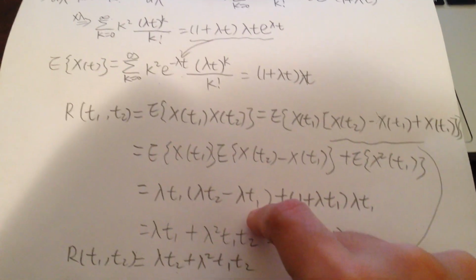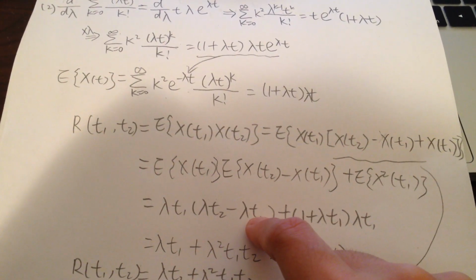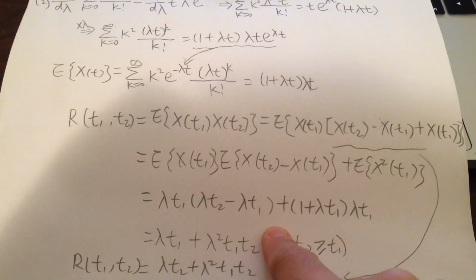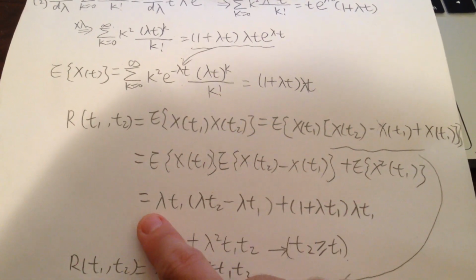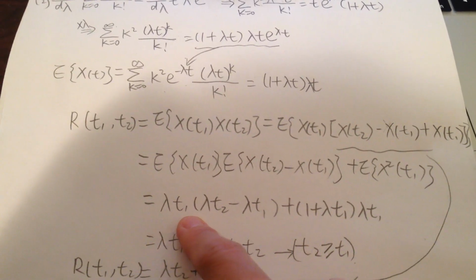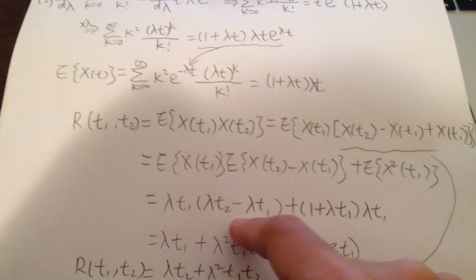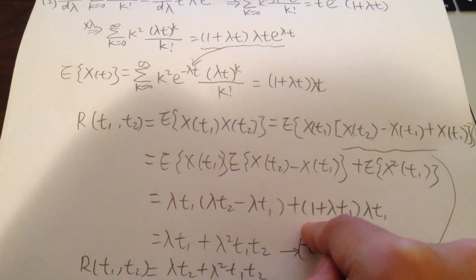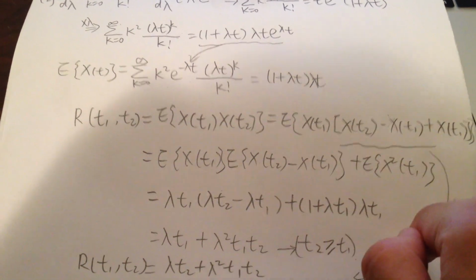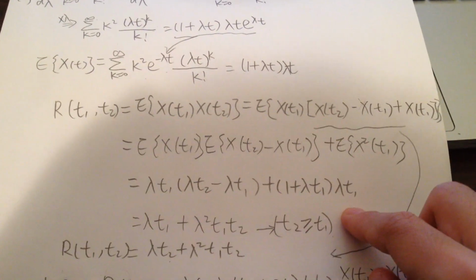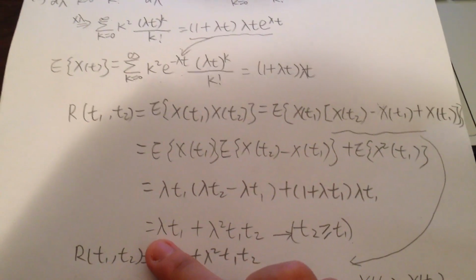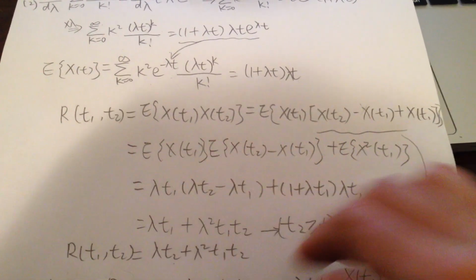Because those are independent, this equals the expectation of X(t1) times (X(t2) minus X(t1)) plus the expectation of X(t1) squared. If we plug in what we have solved, we get lambda t1 times (lambda t2 minus lambda t1) plus (1 plus lambda t1) times lambda t1. With simple calculation, we can get R(t1, t2).